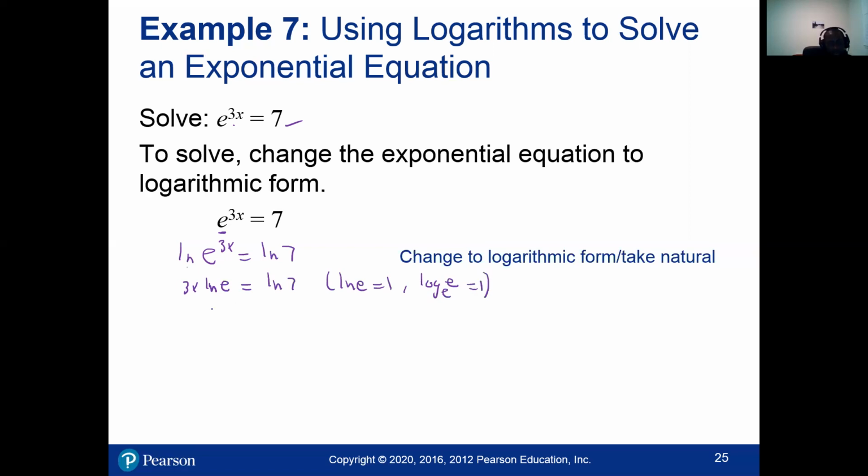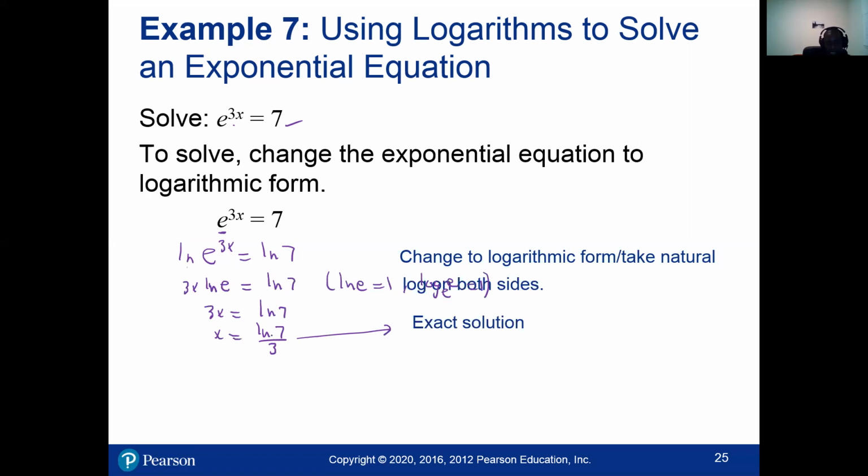And so therefore you have 3x is equal to natural log of 7, and dividing both sides by 3, you get natural log of 7 over 3. So take the natural log of 7 and divide the result by 3. This is your exact solution.